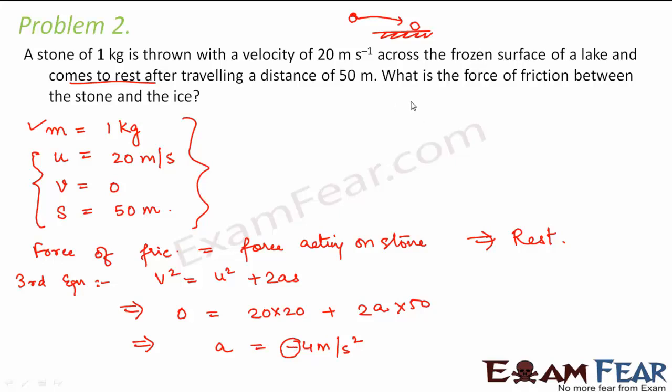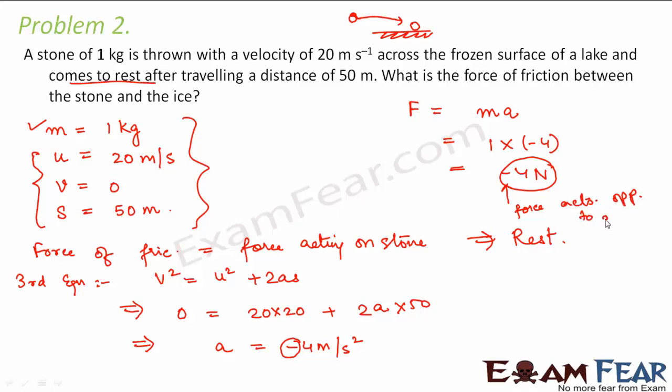So now we will calculate the force acting on the body. So that force will be equal to mass into acceleration. Mass is 1 kg. Acceleration is minus 4 meter per second square. That is minus 4 Newton. So what does the negative sign indicate? Negative sign shows that this force acts opposite to the direction of motion.